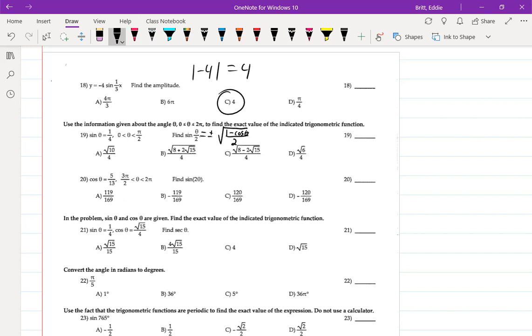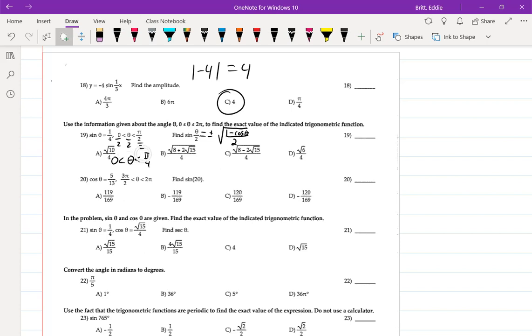So if theta is between 0 and pi over 2, theta over 2 is going to be between 0 and pi over 4. The reason why that's important is because you want to know where the theta over 2 is located, so you'll know whether to put a plus or minus in front.